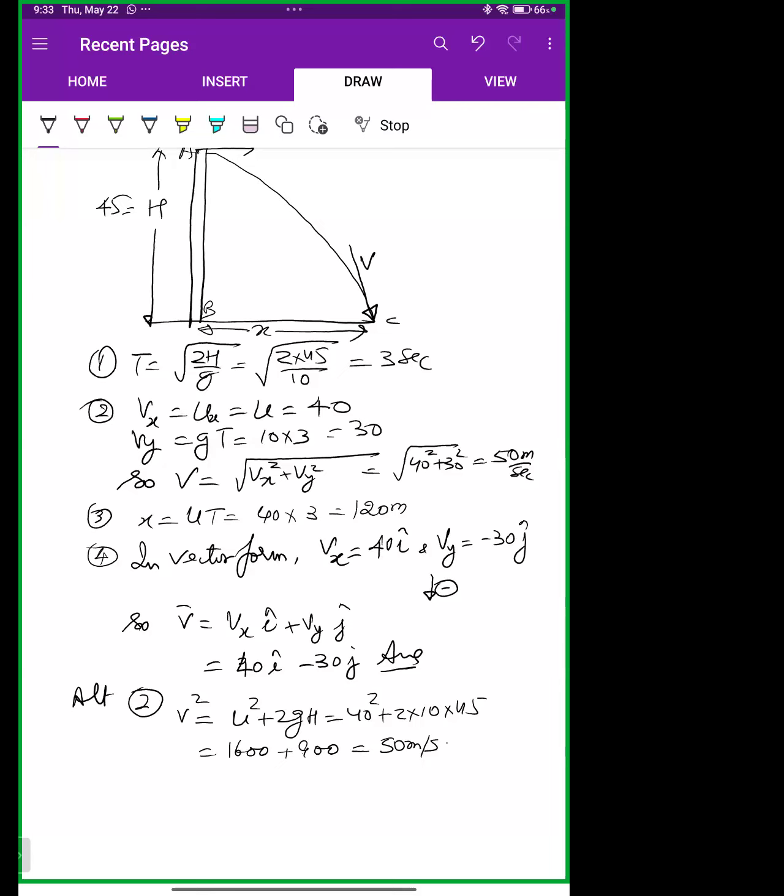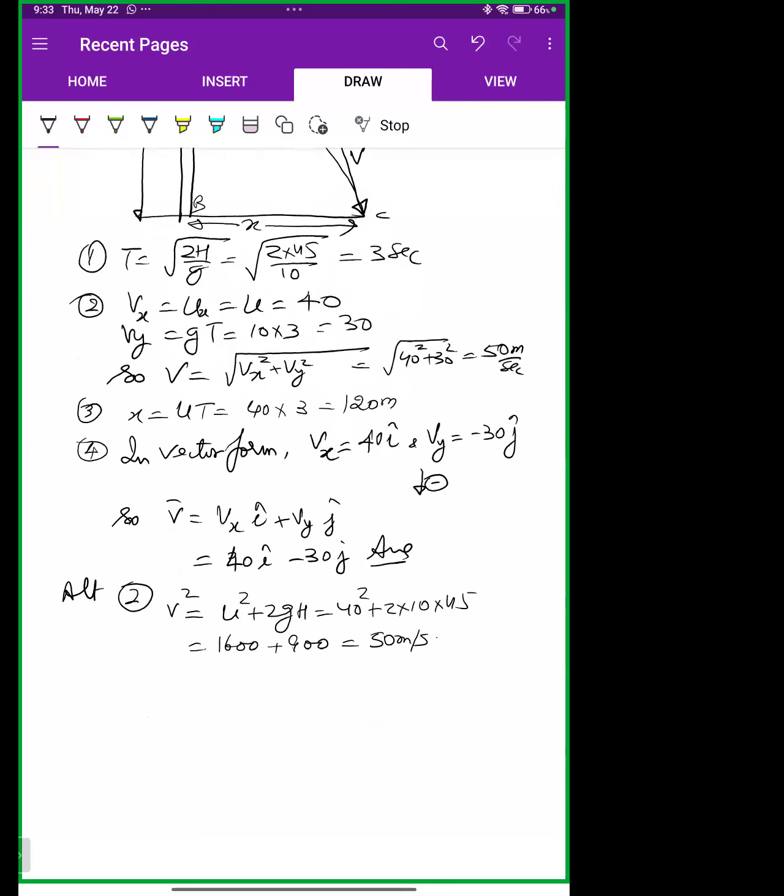Sir, another doubt. Here, like we used Vx i cap plus Vy j cap, would we also use V cos theta or V sin theta? Is that possible over here? See, everyone see this. This is a special case.